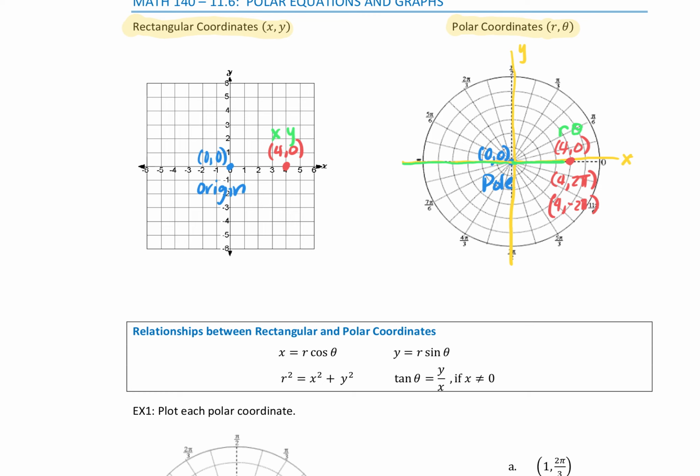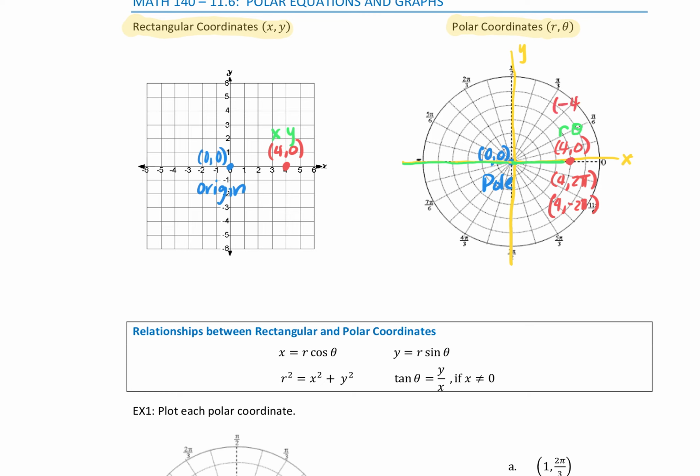In the case where r is negative, so if I'm looking at pi, I wouldn't go towards pi 4 units. I would go away from pi. So this is the idea.